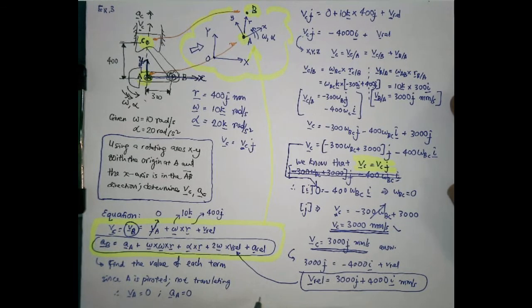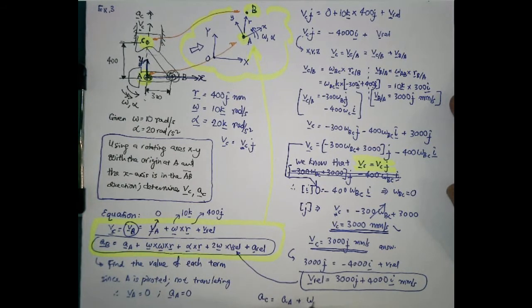So now the new equation is AC, which is the acceleration of C, equivalent to AA, which is here, plus omega cross R, plus alpha cross R, plus 2 omega cross V relative plus A relative. Yeah, so this is the equation.